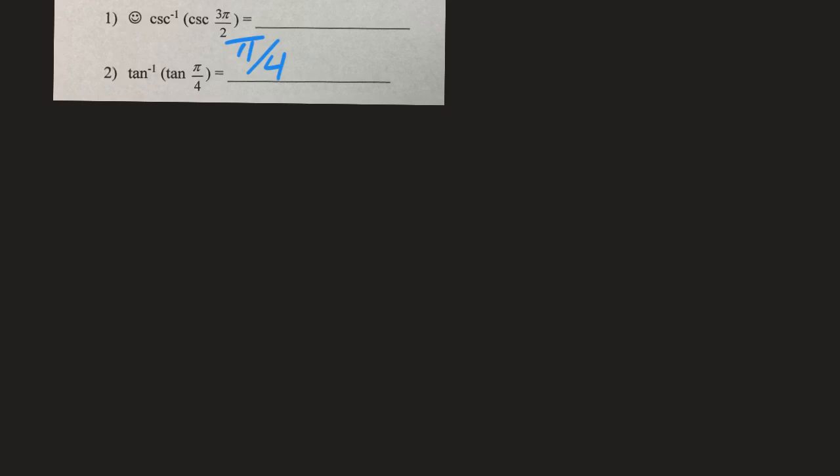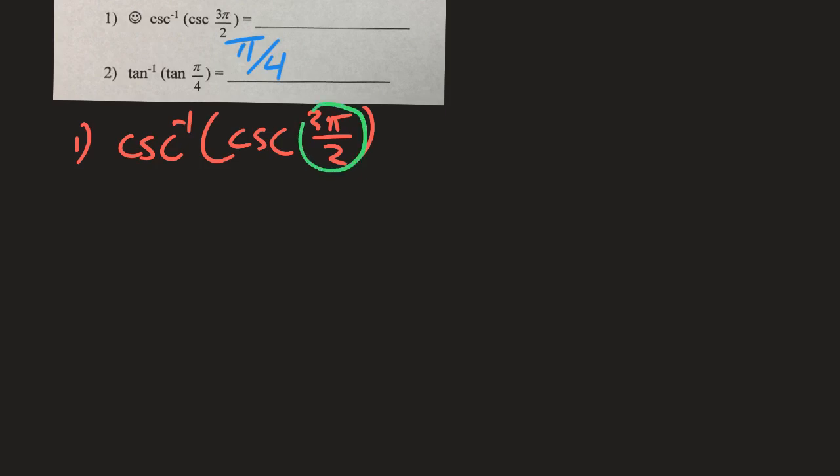Now let's look at an example where they don't perfectly cancel out. We've got cosecant inverse of cosecant of 3 pi over 2. That is problem 1. The issue here is, again, we're going to realize, whoa, this is not in the cosecant domain, right?